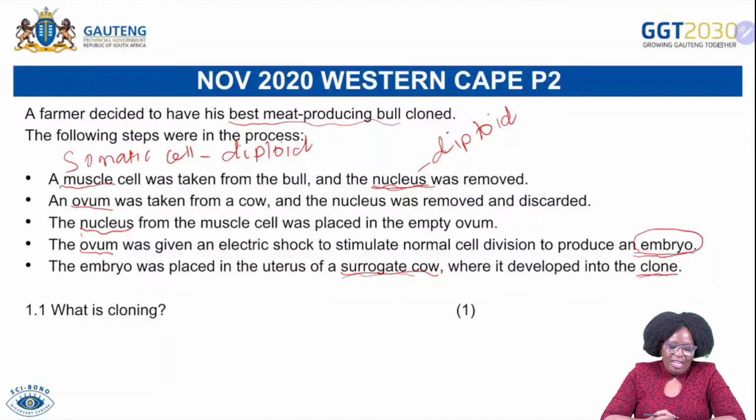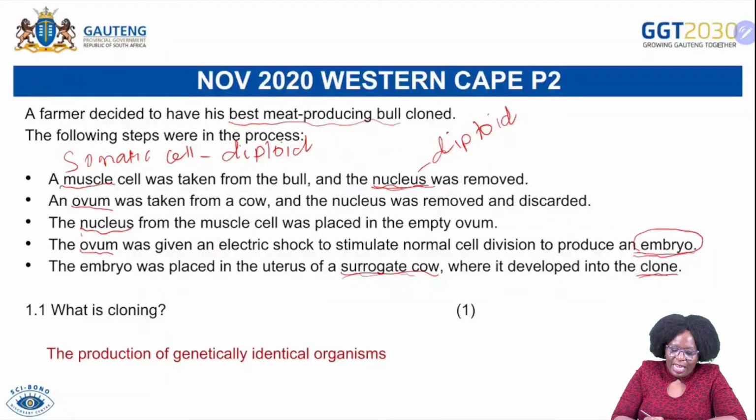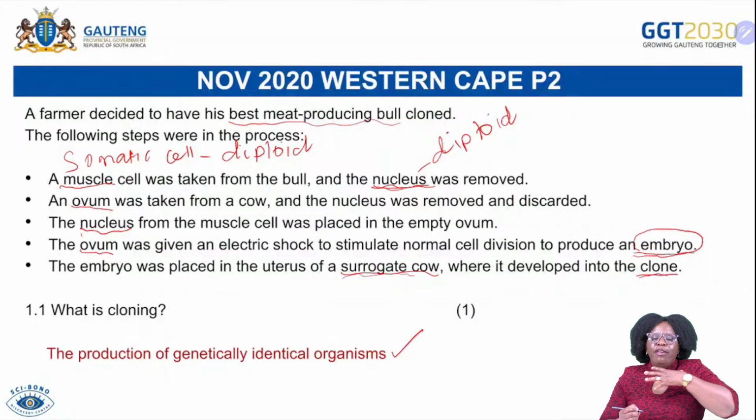The first question is, what is cloning? What is cloning? And everyone remembers terminology is key. Cloning is the production of genetically identical organisms. So if I am cloned, it means that what is going to be the outcome?